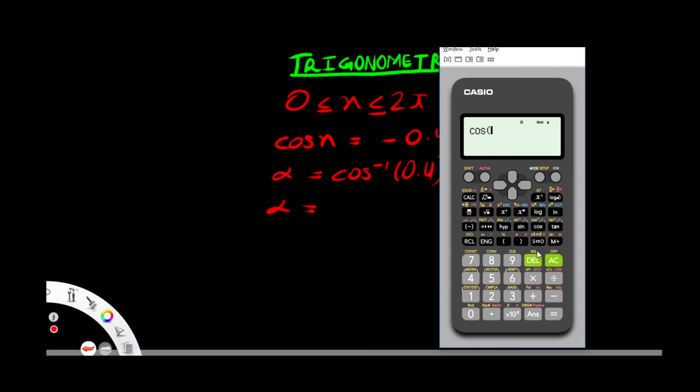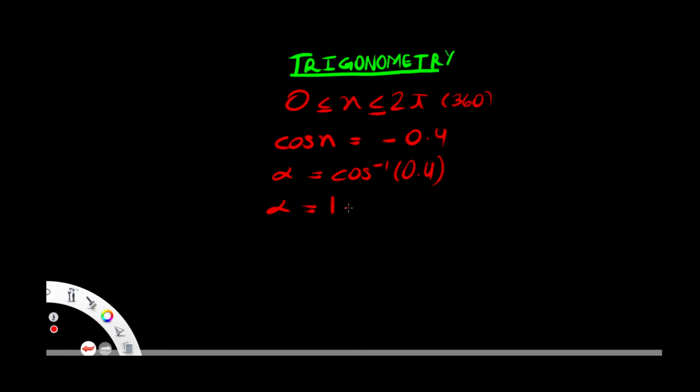So coming back to the question, in order to find the base angle, I have to take the inverse of cos, and cos inverse of 0.4 gives us 1.16. As I said earlier, cos has two values. However, in this case, we are going to consider the quadrants where cos is negative.